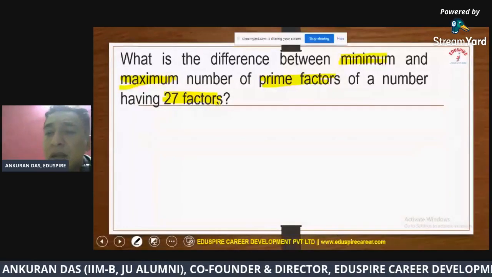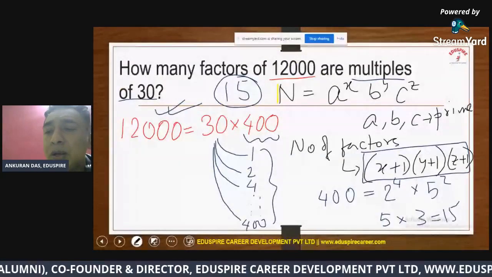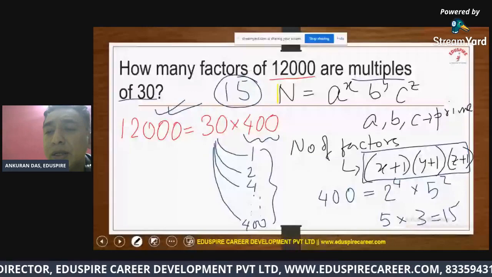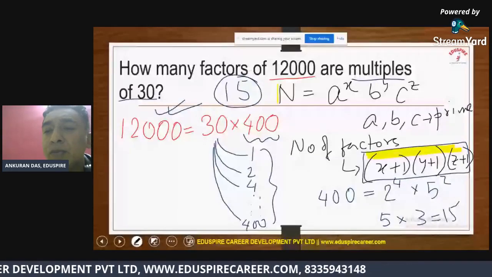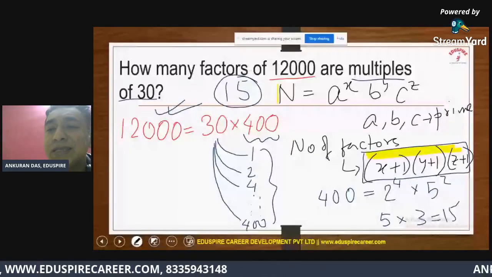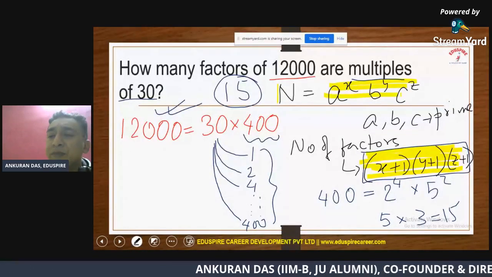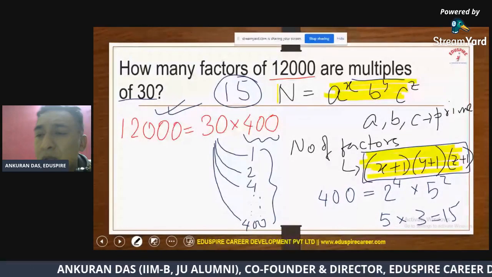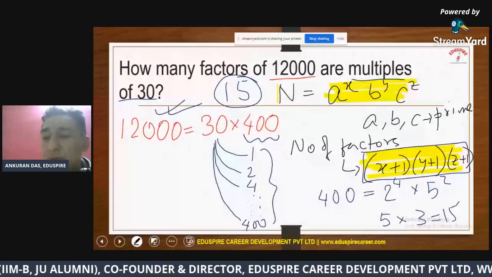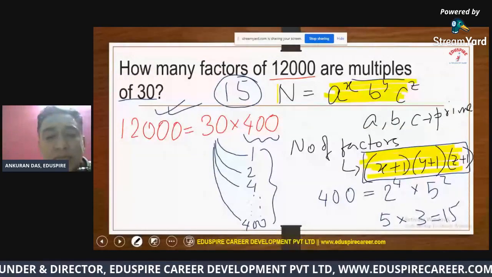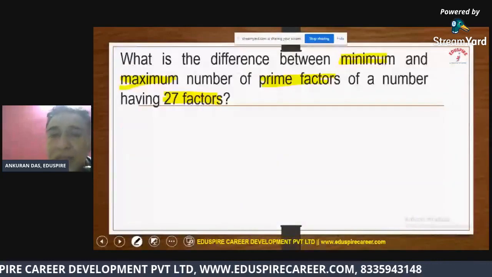Just in the previous slide, if I can take you back, I talked about how to find the number of factors. So for a number which is a to the power x into b to the power y into c to the power z, the number of factors will be given as x plus 1 into y plus 1 into z plus 1. So guys, think about it.